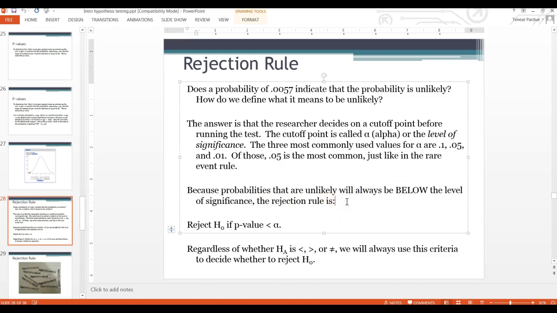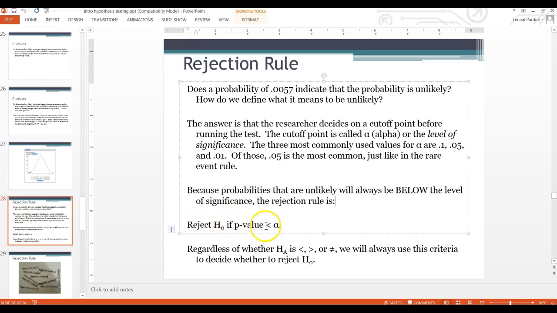So probabilities that are unlikely will always be below the level of significance. So that means the rejection rule is always, always, always reject H naught if p-value is less than alpha. Okay? So it does not matter what the alternative hypothesis says.